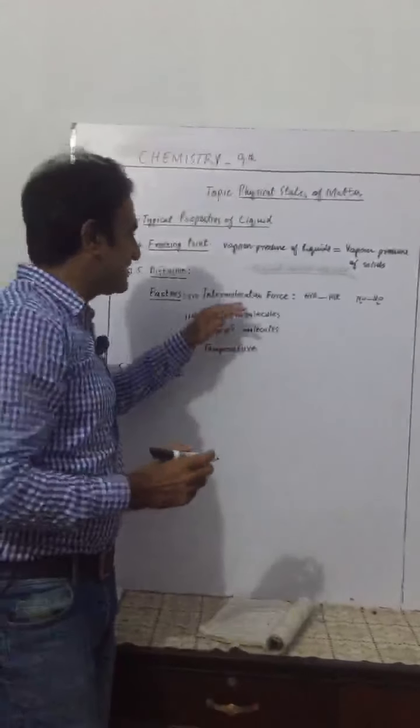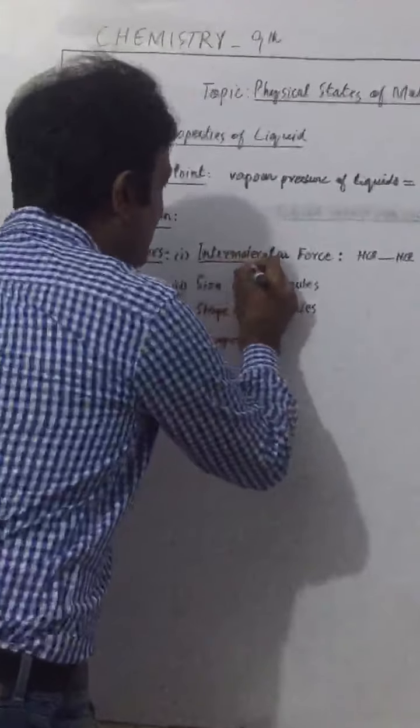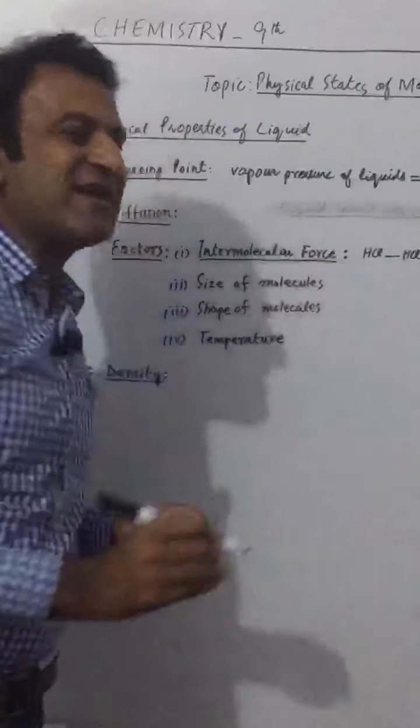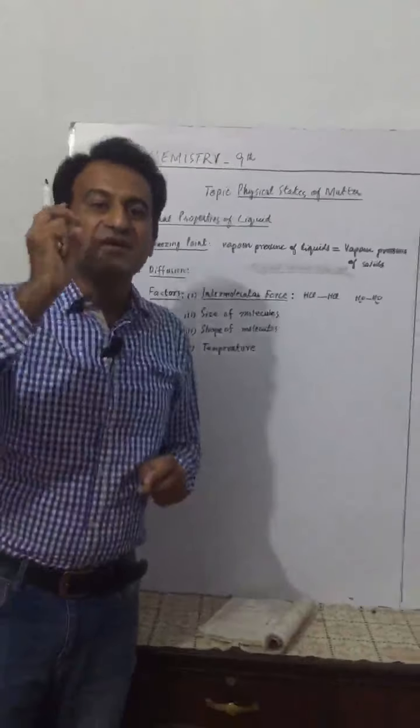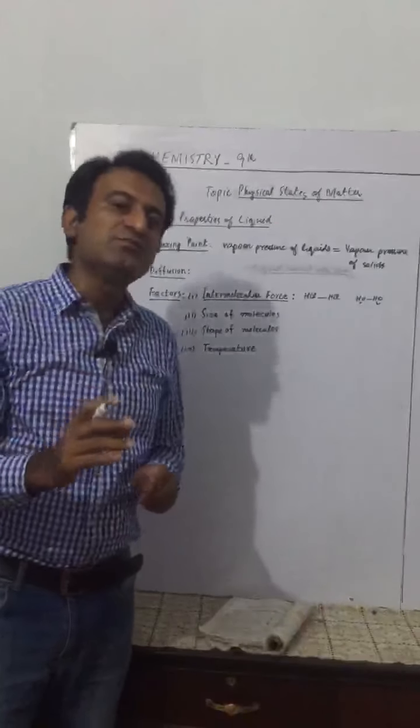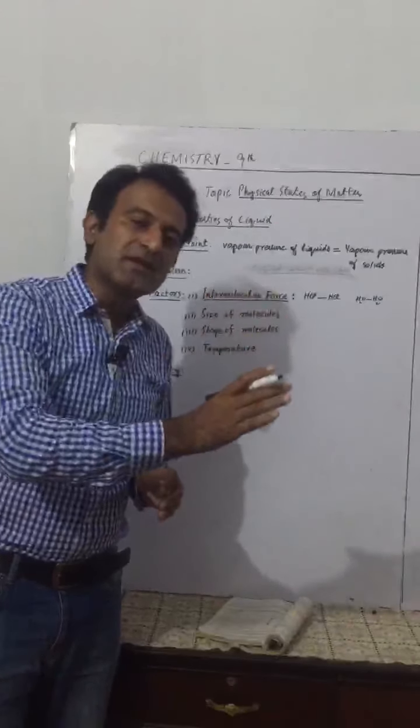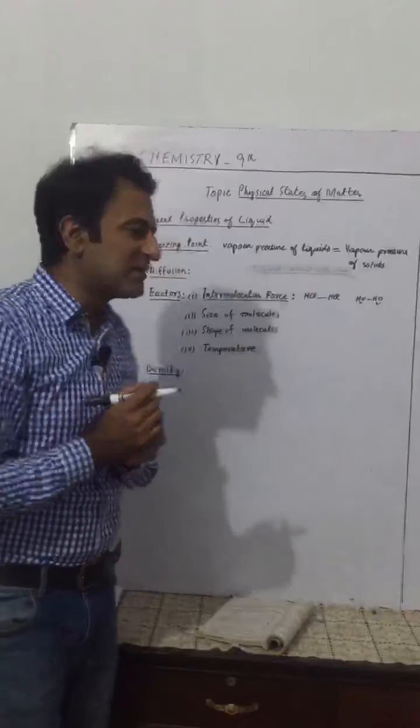So the first factor is intermolecular forces. The liquid having weak intermolecular forces diffuses quickly as compared to the liquids that have strong intermolecular forces.